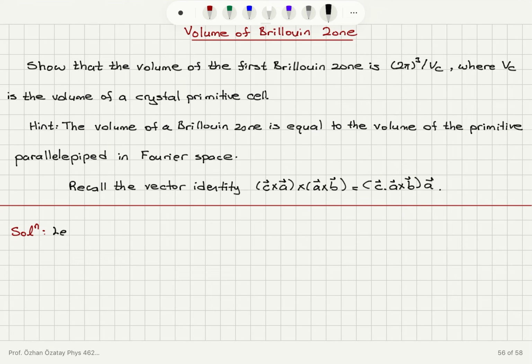Let vector A, vector B, and vector C be the primitive translation vectors in the direct lattice.